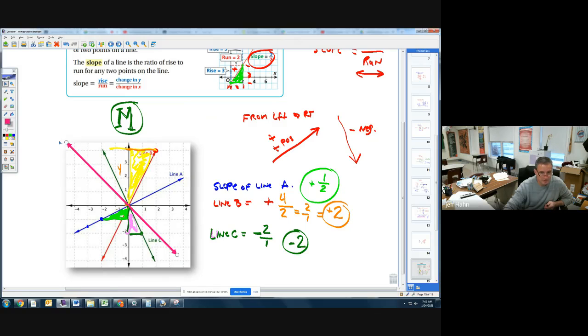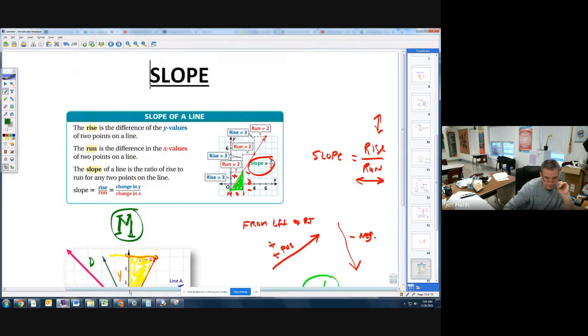Let's pick one more line just for fun. So here we go. Let's call it line D because we've used all these other ones. So here's line D. And I'll do it right over here just because we got some room over here.